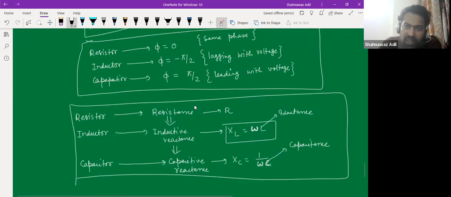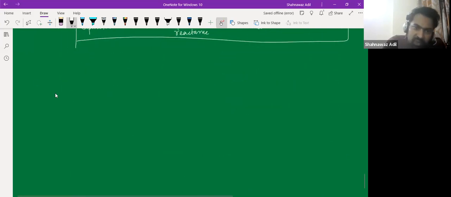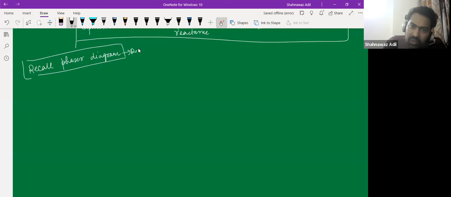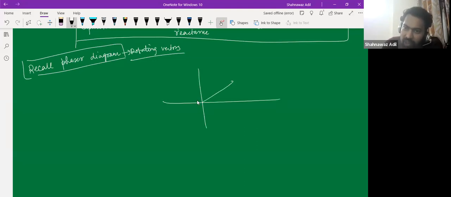So from these things, if we recall the phasor diagram, phasor diagrams are rotating vectors, right? And let's say this is your V naught, and this angle is omega t.